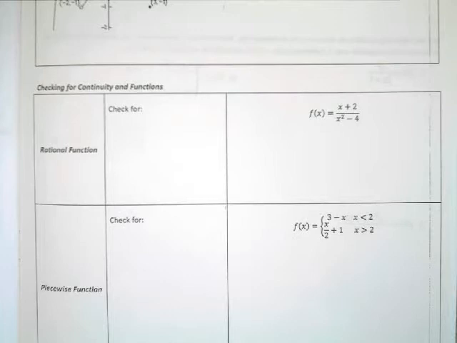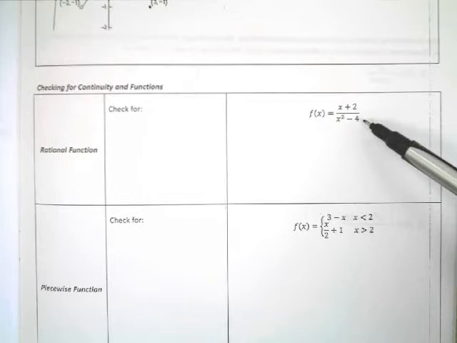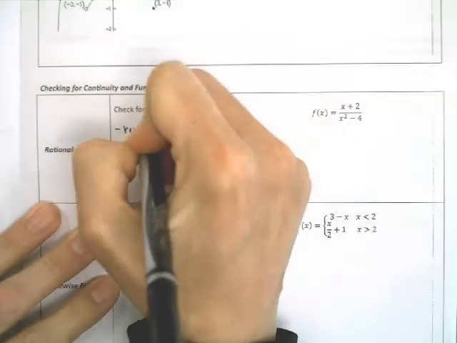All right, so checking for continuity. The first type of function we're going to talk about is a rational function. Whenever we have a rational function, and again, that means we're looking at something that's a fraction, the two types of discontinuities we're looking for, first would be a removable discontinuity.